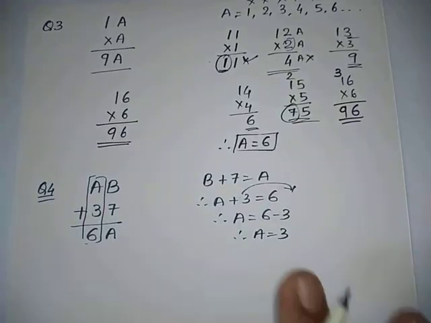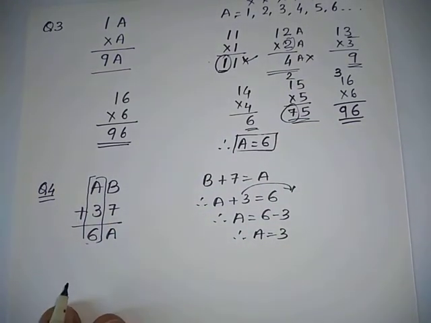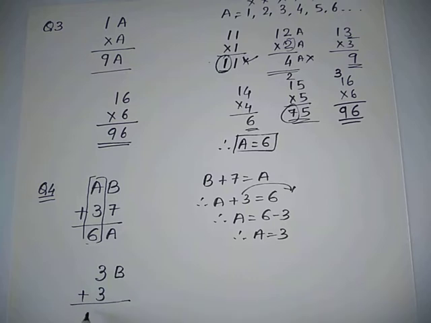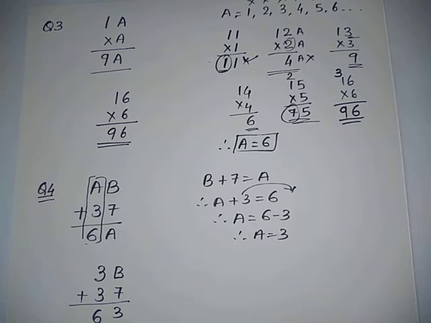So one chance is that A is equal to 3. So in place of A I will write 3, then B and 3. So I will get 3 plus 3 is 6, 7 A. A will be also this A and this A will be 3. Okay. So this we are getting.